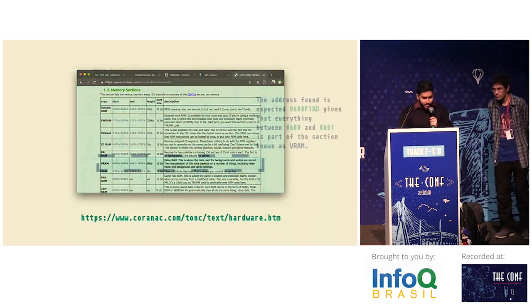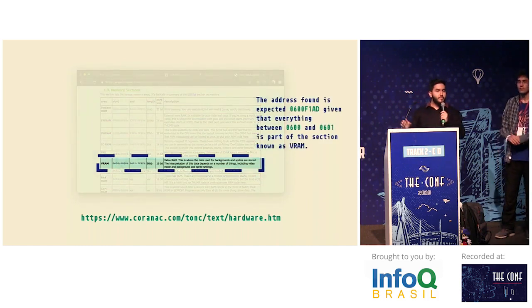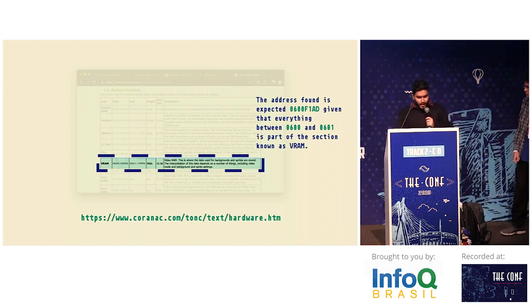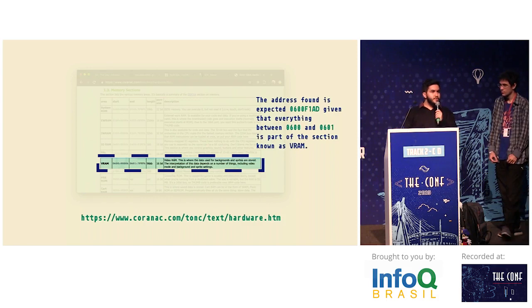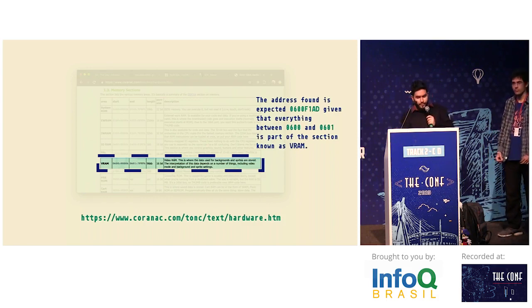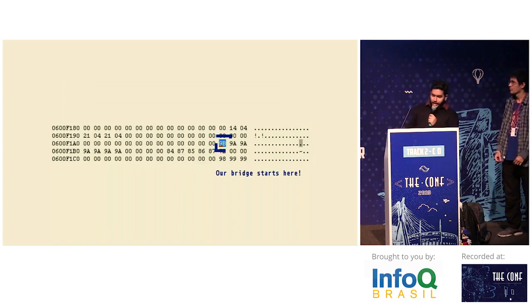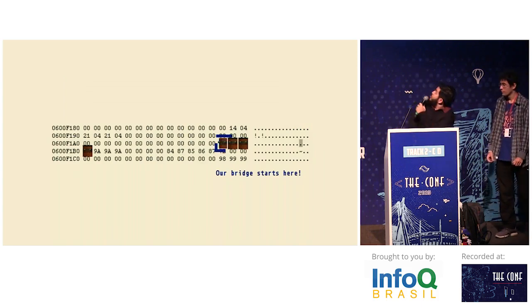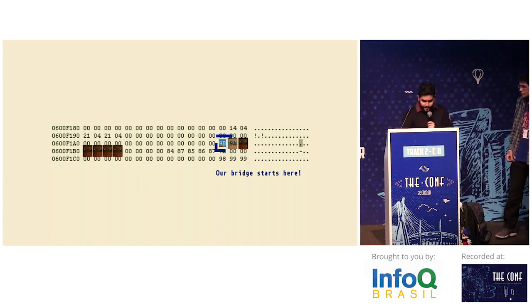Reading the memory, we found that we have many regions, and each region has a very specific function, and the address we found is in a region called VRAM, which stands for video RAM. The purpose of this region is to store sprites and backgrounds. So as I told you, it's not surprising that we found our bridge there. And if we go to the memory address, we see that each part of the bridge is over there.